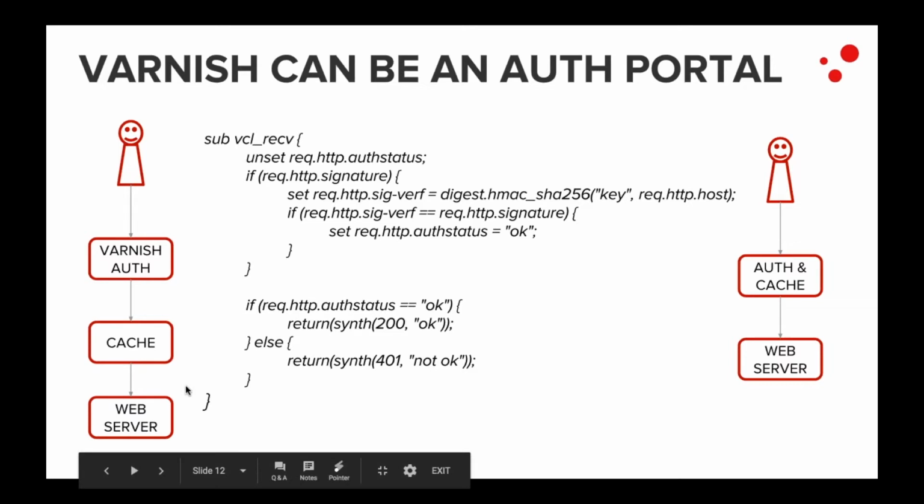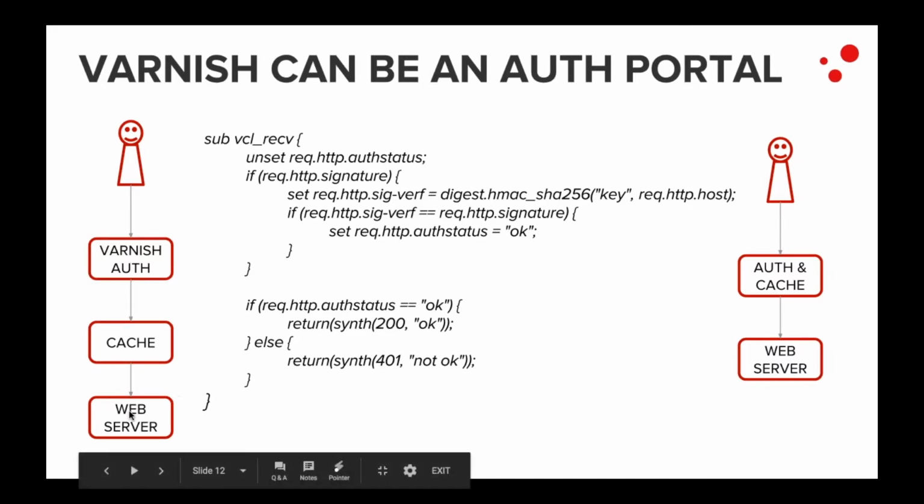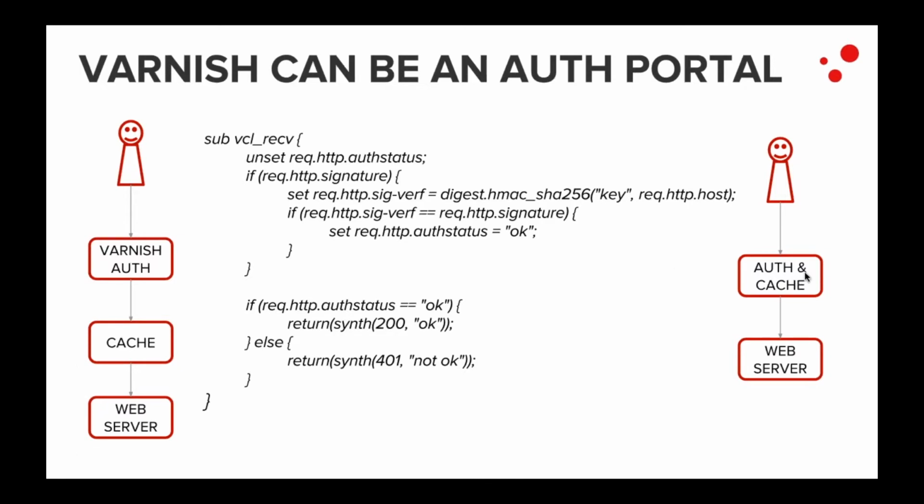I personally like this one better than the one on the right, because the authentication layer will actually protect both your cache and your web server. On the one on the right, you have authentication and caching happening in the same layer, and there is some room for potential mistakes, obviously, since you implement authentication and caching in the same layer. So yes, Varnish can be an authentication portal.